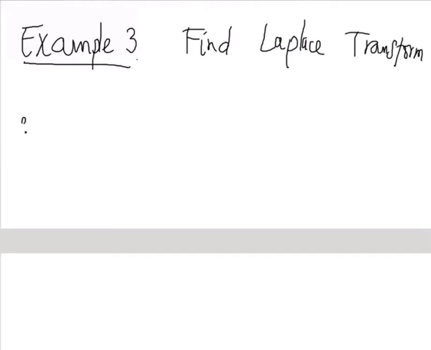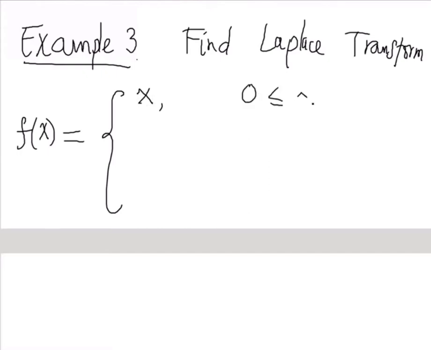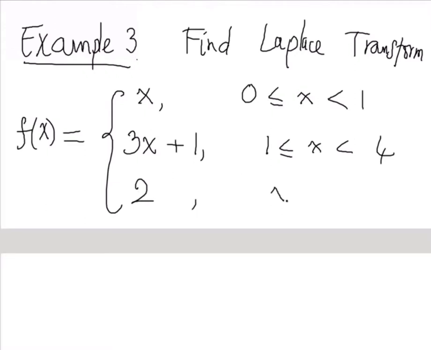In this example, we have three formulas for the function. x for x between 0 and 1, and then we have 3x plus 1 for x between 1 and 4, and lastly we get 2 for x bigger than or equal to 4.